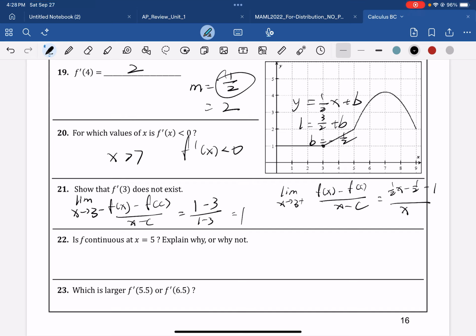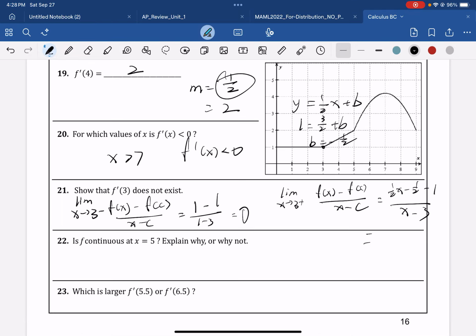Oh, sorry, I'm really sorry for this one. I just noticed that f of c goes to 1, so 1 minus 1 is 0, and 0 over negative 2 is 0. And for this one, we got a half of x minus a half, minus 1, over x minus 3.